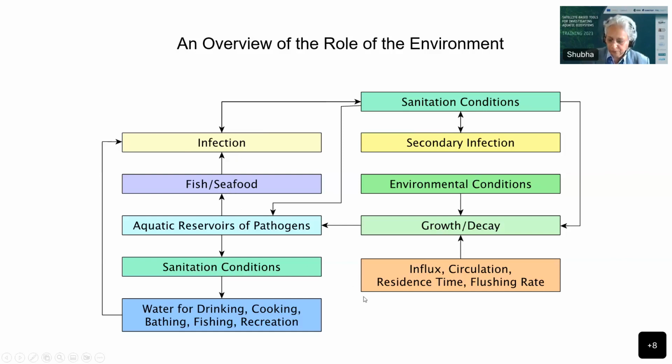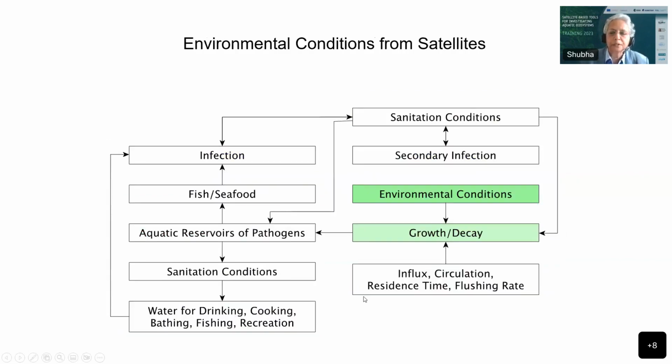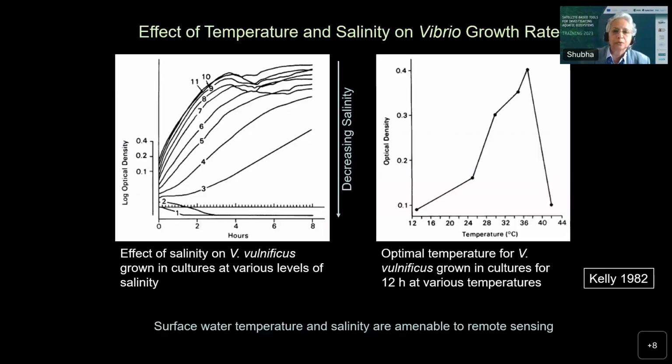So if you look at some of these things one at a time, let's look at the environmental conditions and how they may affect growth and decay. So let's take temperature and salinity. It's been known for a long time now that temperature and salinity have an effect on growth rates of Vibrio.